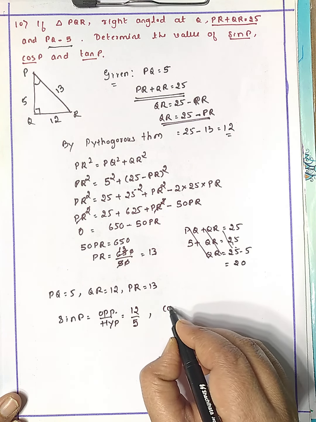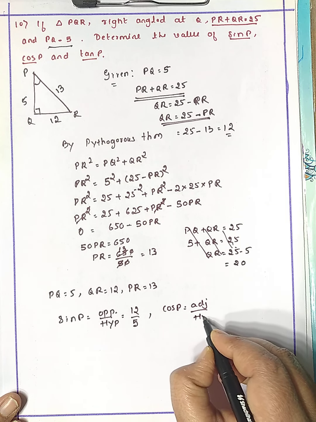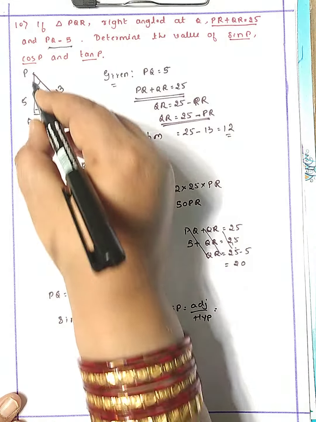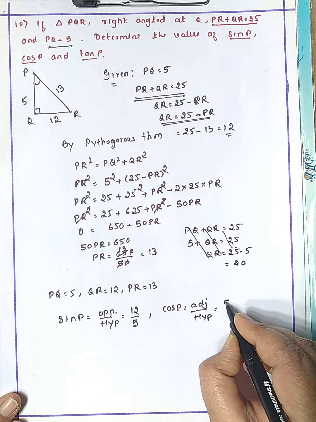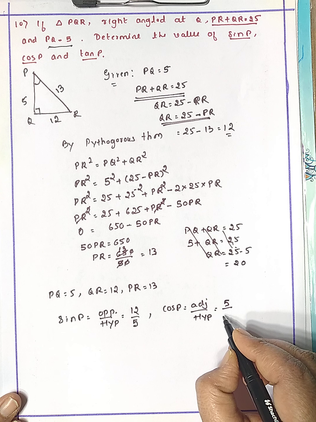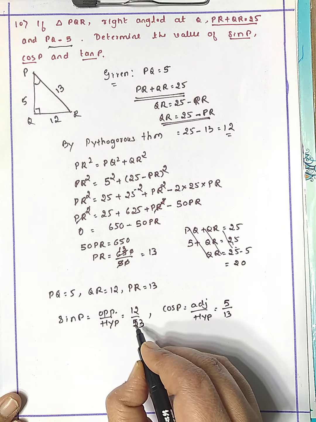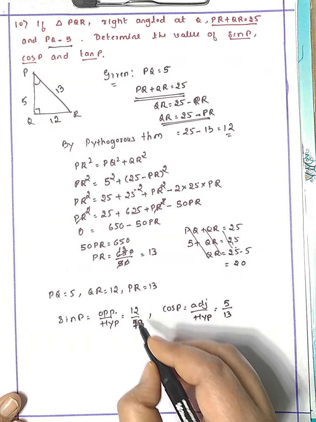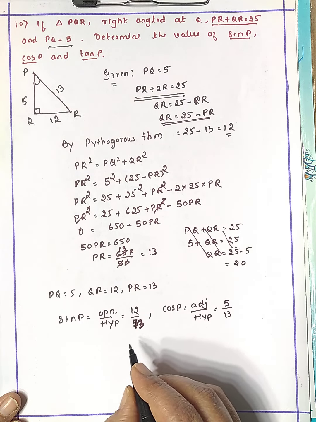Then cos P. Cos P is adjacent by hypotenuse. Cos P adjacent is 5 by 13. Hypotenuse is 13. Sorry, this is not 5. This is 13 and this is also 13.